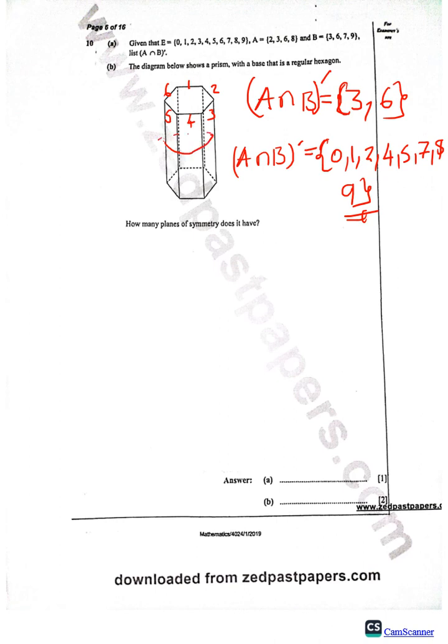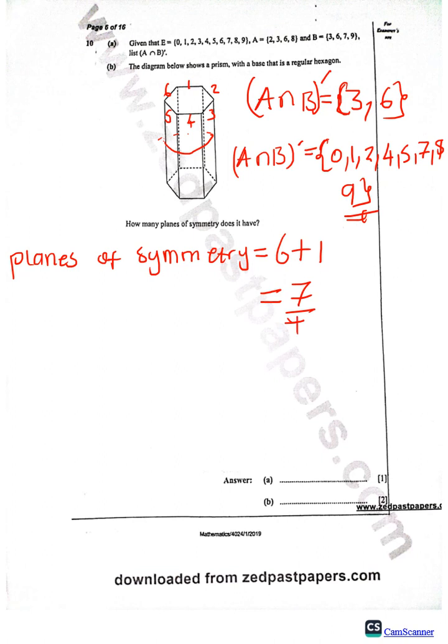So the key is the planes of symmetry for a question like this one is equal to 6 sides plus 1. So this one has 7 planes of symmetry.